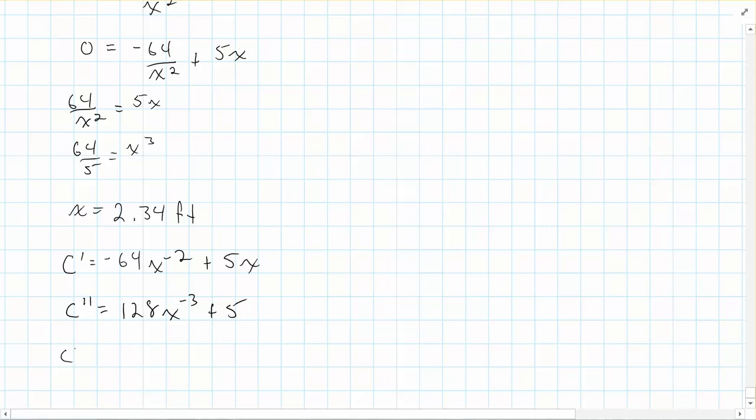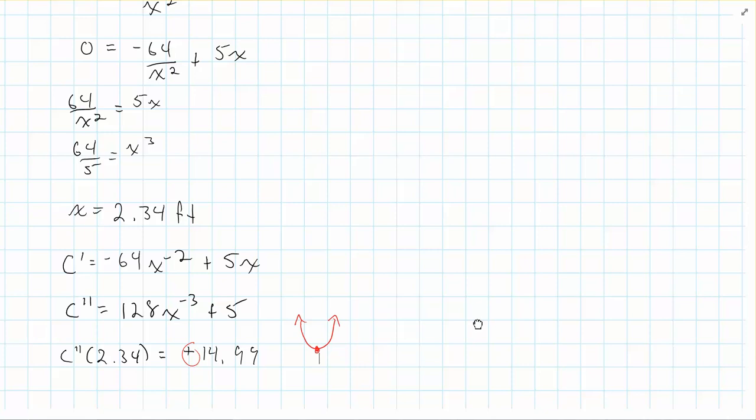And then doing the second derivative at 2.34, you'd get positive 14.99, which the key thing here again is not that it's 14.99, but that it's positive, which means you're concave up, and that means you found a minimum.